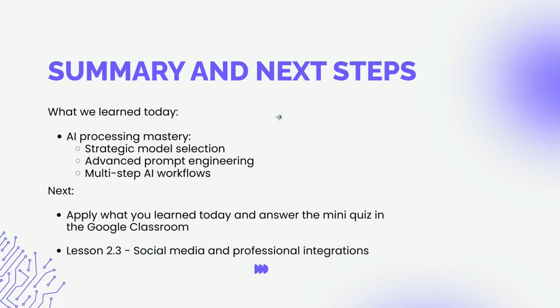Summary, next steps. So today we learned how to master AI processing, strategic model selection, advanced prompt engineering, and multi-step AI workflows. Basically, we learned how the strategy behind using each model works. There are obviously more models than we used in this, but these are some of the main ones which you can use, and obviously go and test out other ones if you find them intriguing.